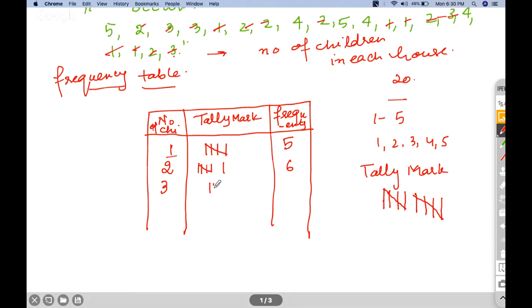So I'll draw 4 vertical lines. Now I'll go to 4. 4 is coming 1, 2, 3 times. So for 4, I'll draw 3 lines and I write 3 here. And for 5, I'll write 1 on this side and 1 on this side. So I have only 2. So I'll make 2 vertical lines and I'll write 2 here. This is what my frequency table is.